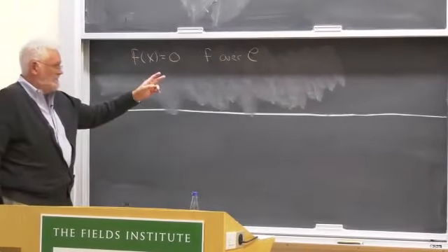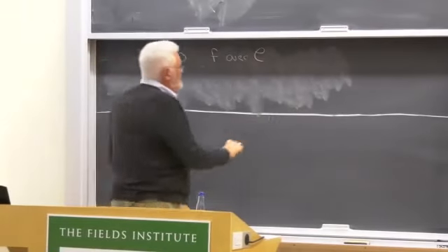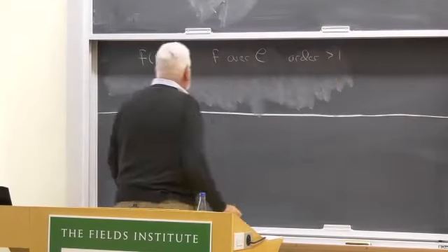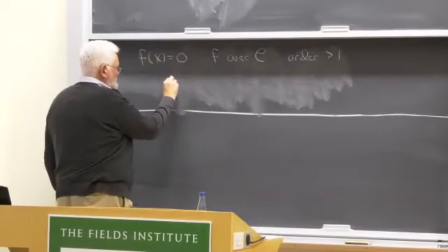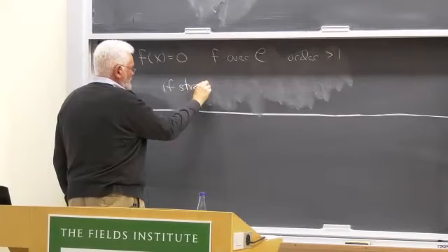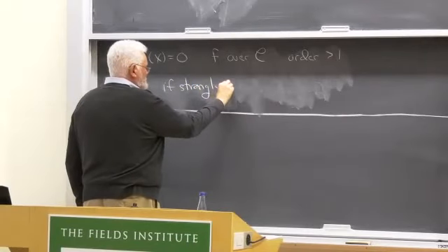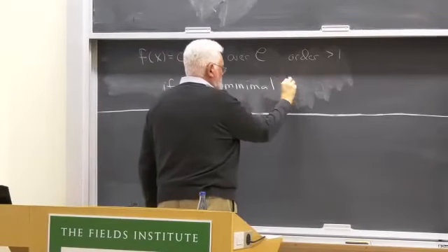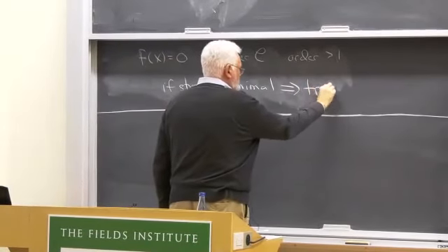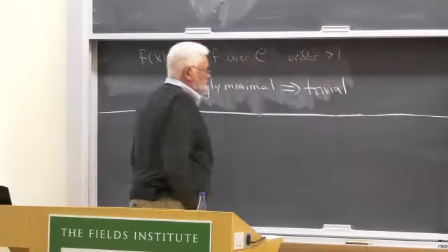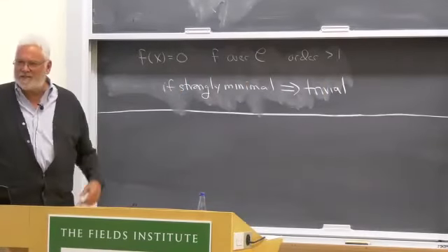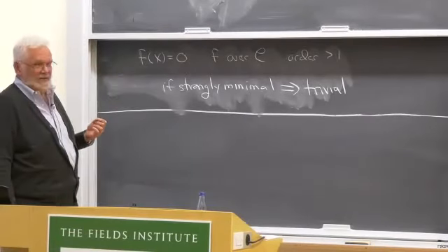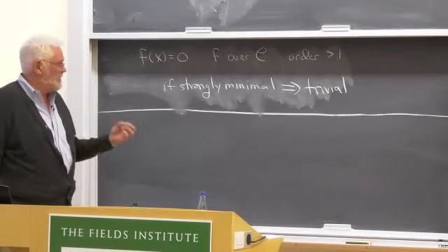Suppose I have an equation f that's over the constants, of order bigger than 1. If it's strongly minimal, it has to be trivial. But part of this is easy: if the order is greater than 1, it can't be non-orthogonal to the constants because the transcendence degrees are wrong.